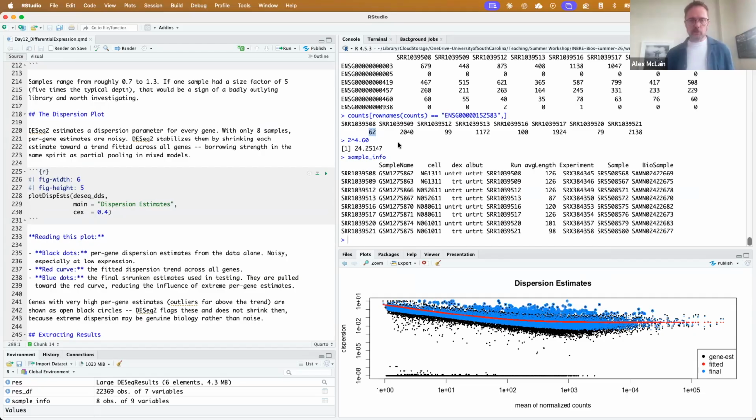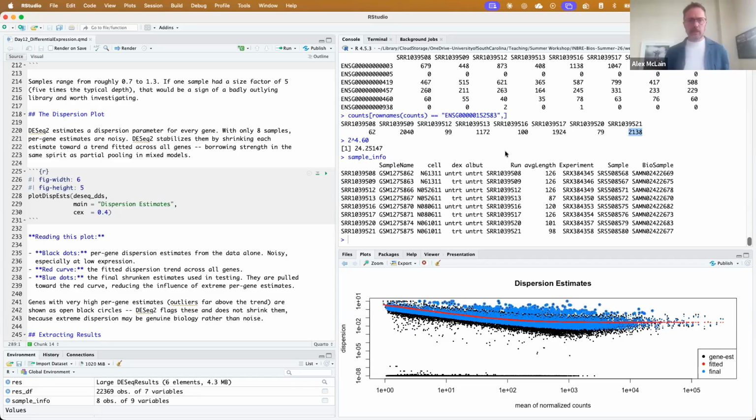So we have untreated, count of 62, treated, count of 2,040, untreated, 99, treated, 1,100, untreated 99, treated about 2,000, untreated 79, treated 2,000. So a clear difference between the treated and untreated, obviously. That's one of the main reasons why this gene goes all the way to the top.